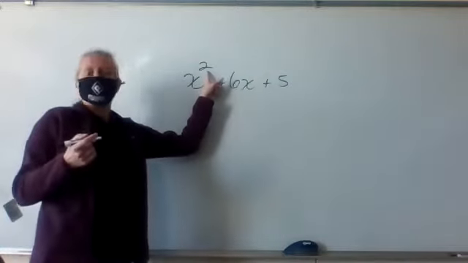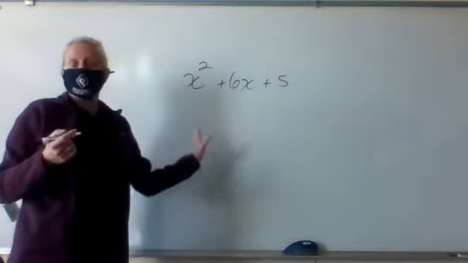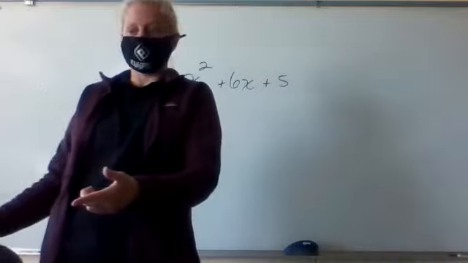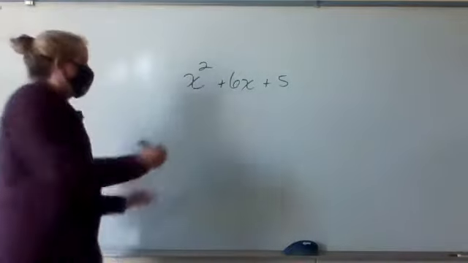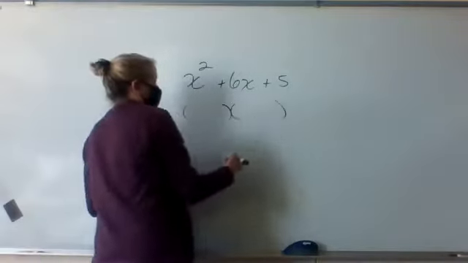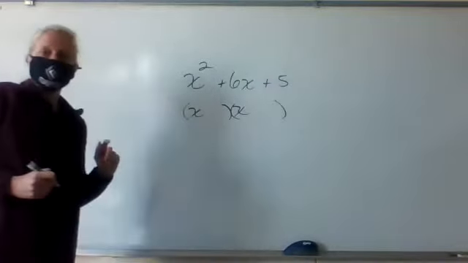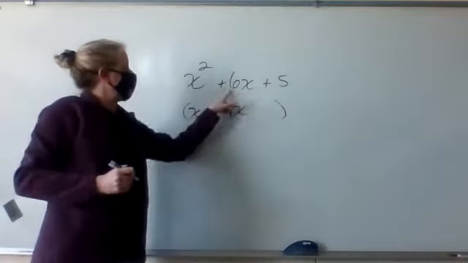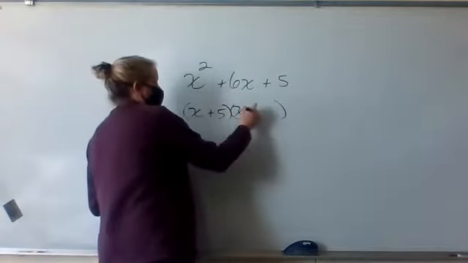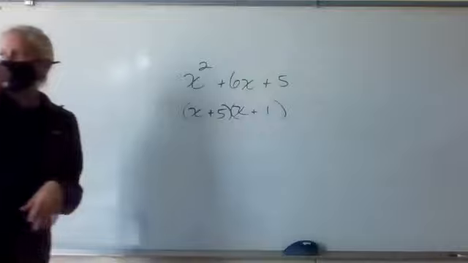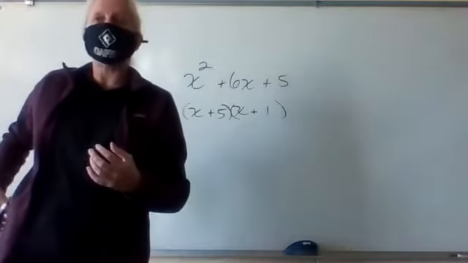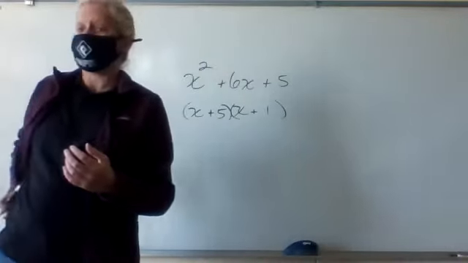We either, since it was quadratic, went right to our quad program to find the zeros, or this one is factorable. So I could have factored it, x and x for x squared. Factors of 5 that added to 6 would have been a positive 5 and a positive 1, right? That's how you multiply to get 5 and at the same time add to get 6.